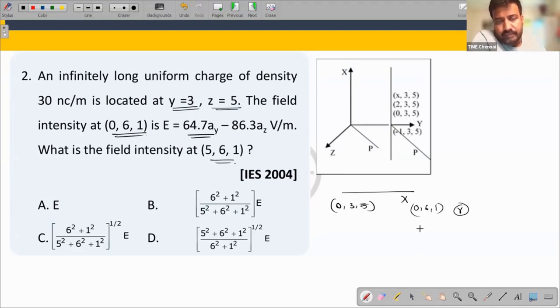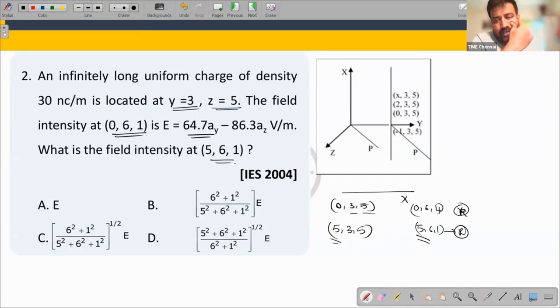Let it be R. Now, in the second case, when you want to find it at 5, 6, 1, the source point will be 5, 3, 5, because y is 3, z is 5 is not going to change. The X coordinates will match. Again, if you find, you'll find the same value R again.